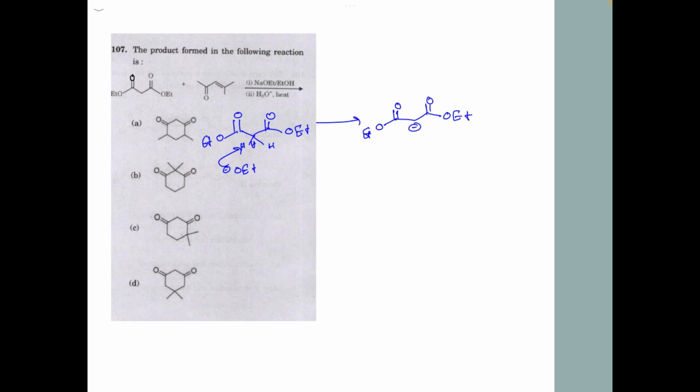The next starting material is a Michael acceptor. So this is the alpha, this is the beta carbon. So this is the more electrophilic carbon. So the Michael acceptor will do 1,4 addition.